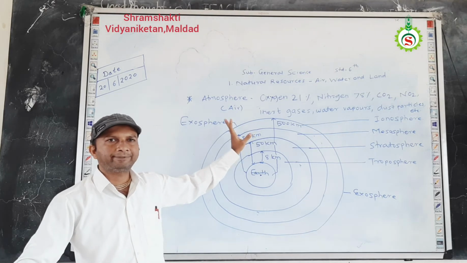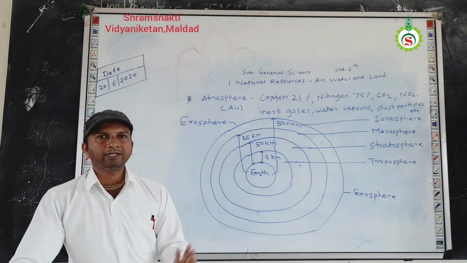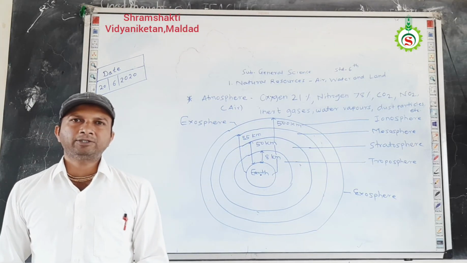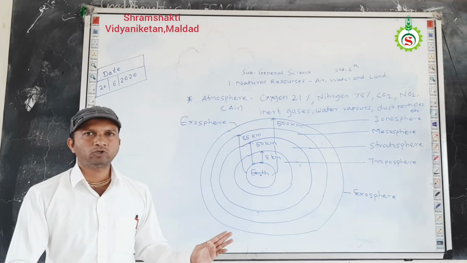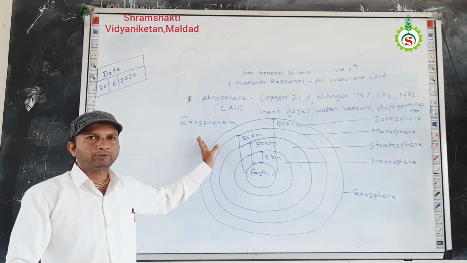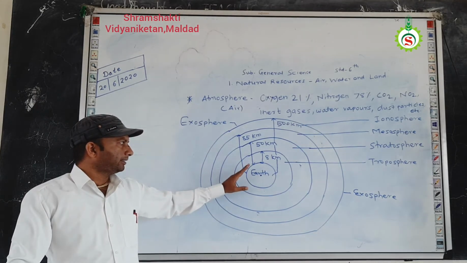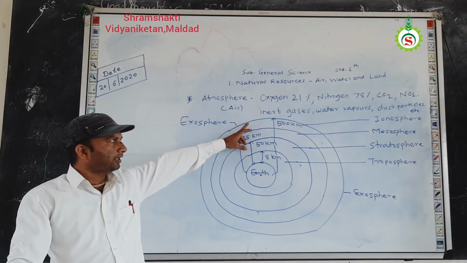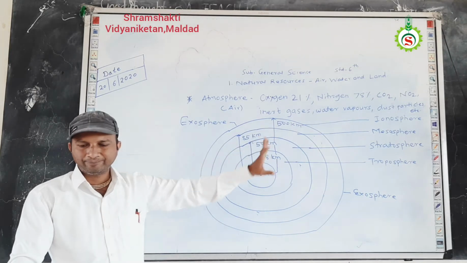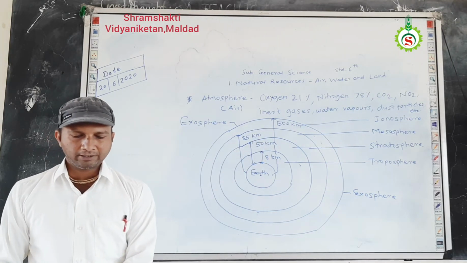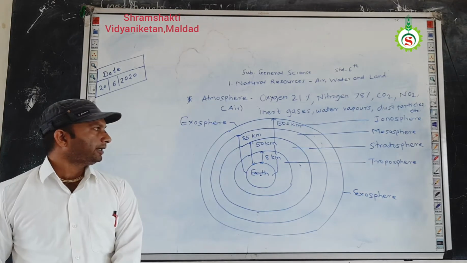Therefore, oxygen is absent in the exosphere, so it is not possible to survive there. So no life is present in the exosphere. All living organisms are present in the air up to which layer? Up to ionosphere. Understand? So these are the different layers of the atmosphere.